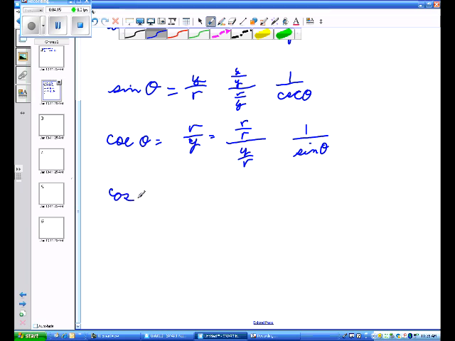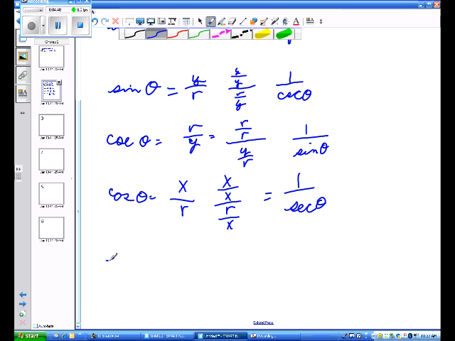So the cosine of theta is equal to x over r. And again, let's divide both the numerator and denominator by x. So we end up with 1 over r over x, and r over x is equal to the secant.